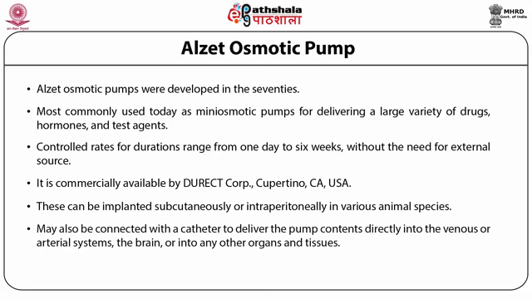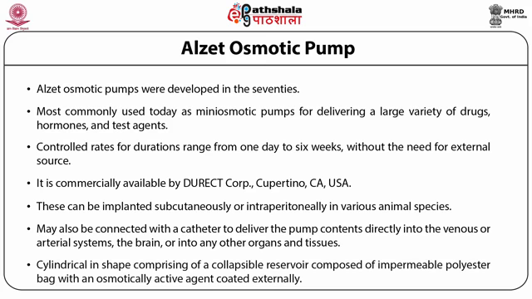ALZET pumps may also be connected with a catheter to deliver the pump contents directly into the venous or arterial systems, the brain, or into any other organs and tissues. ALZET osmotic pumps are cylindrical in shape, comprising a collapsible reservoir composed of an impermeable polyester bag with an osmotically active agent coated externally.